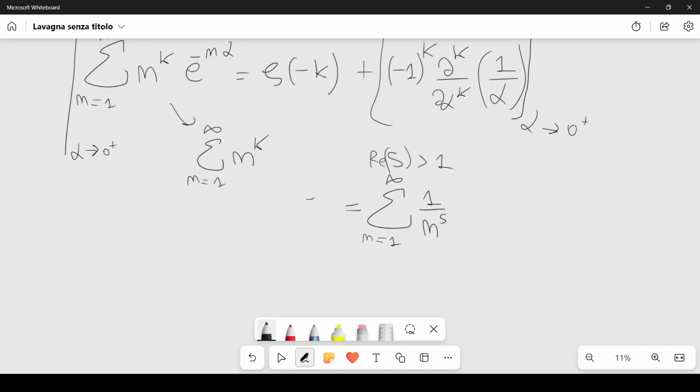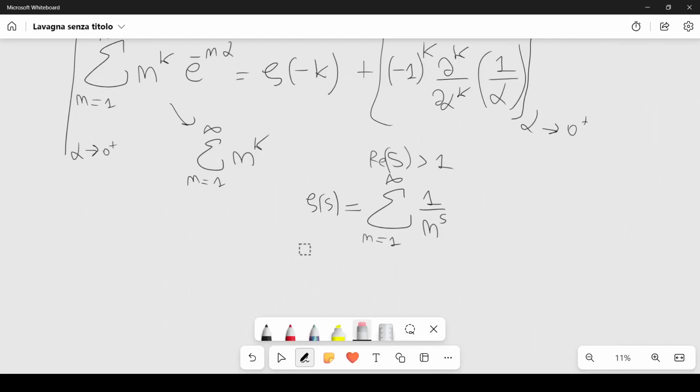So this is actually zeta of s, and in principle it is possible to extend this definition also for values that do not comply with this condition. So you can, for example, define zeta of minus 2 and minus 3 and so on. Also negative real numbers.